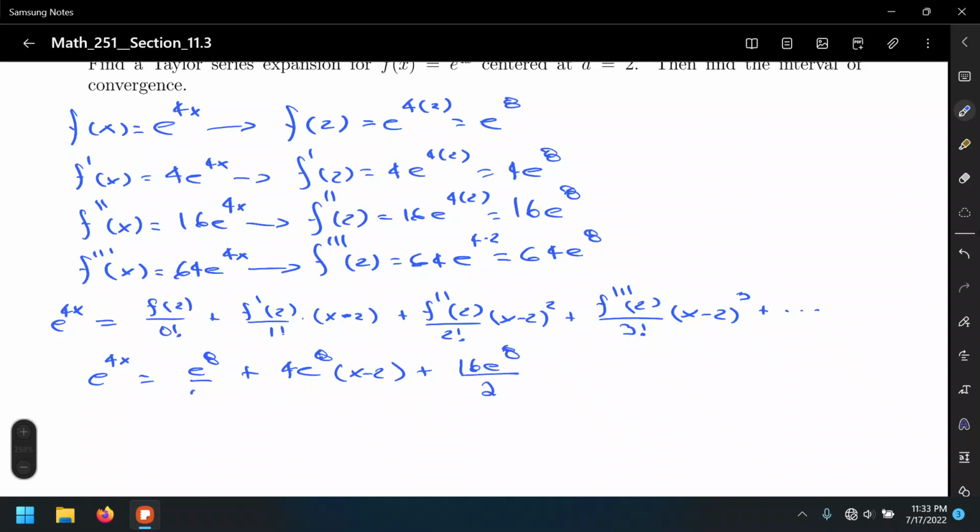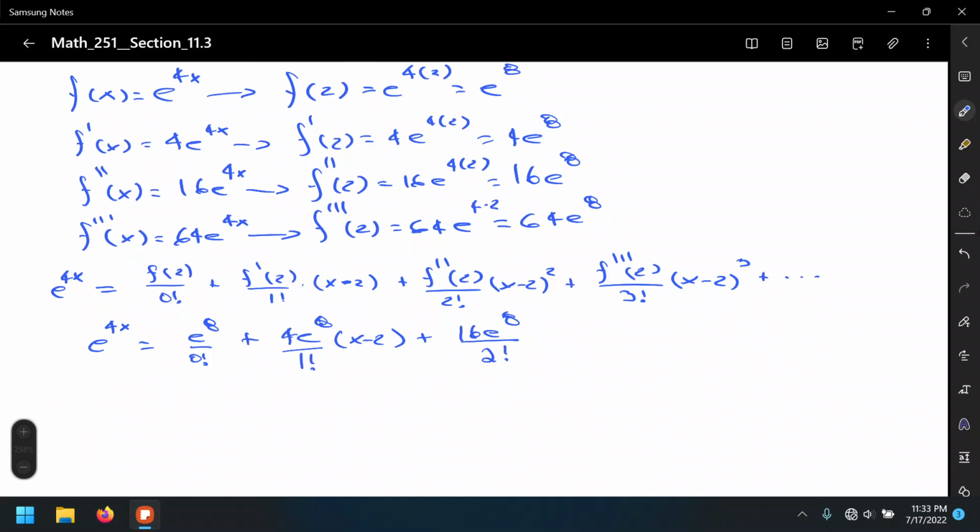I know it's very tempting to evaluate the factorial, but let me leave everything in terms of factorials. That's because we will need to come up with a general rule in terms of sigma notation, and if we do this simplification, we may not be able to accomplish such a task. So x minus 2 to the second, plus the third derivative, which is 64 e to the 8th over 3 factorial times x minus 2 cubed, plus dot dot dot.